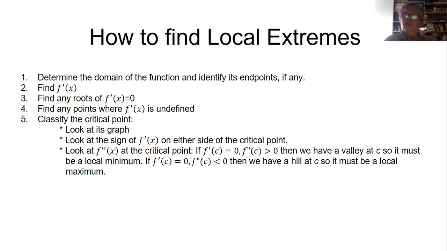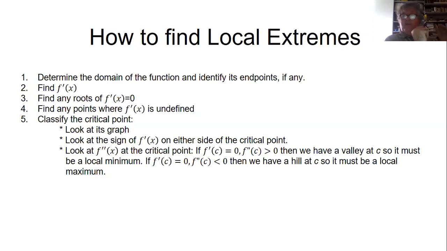Okay, then when you've got a critical point, you have to classify what it is. Is it a maximum, is it a minimum, or is it neither? There's different ways you can go about doing that. If you can graph it, then you can just look at its graph and see whether it's a max or min. You can look at the first derivative on either side of the critical point.